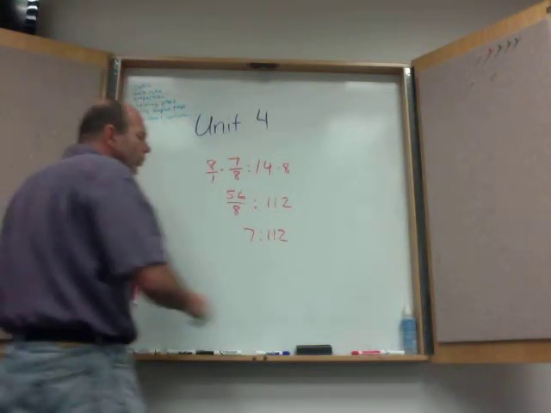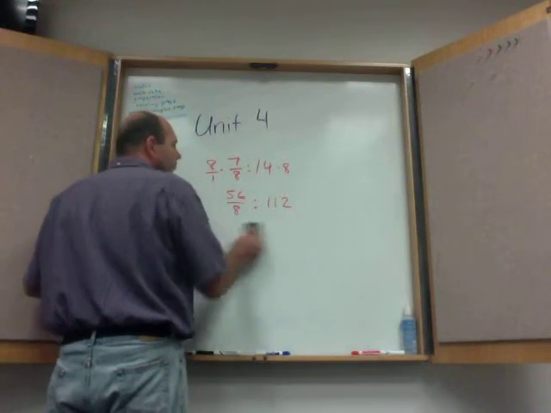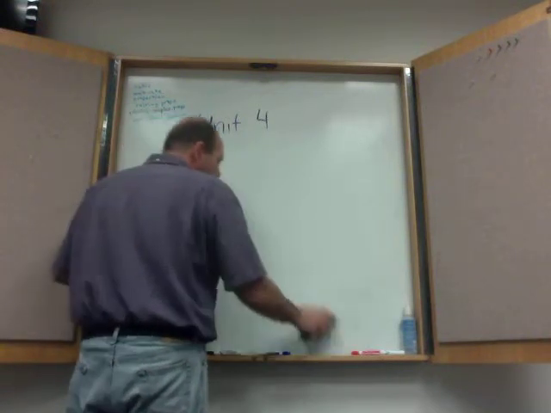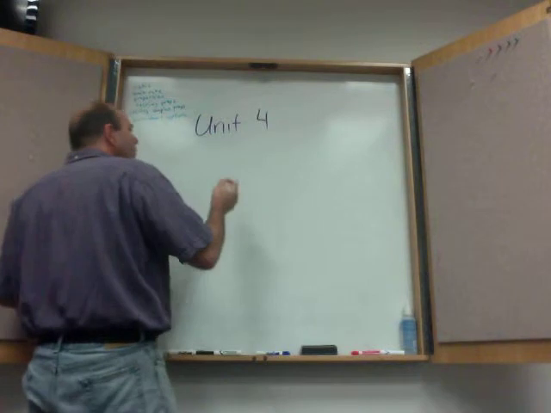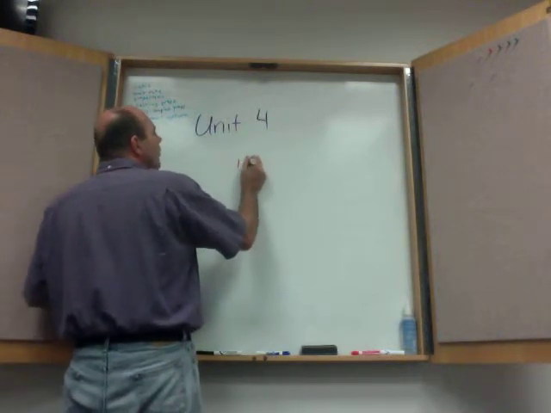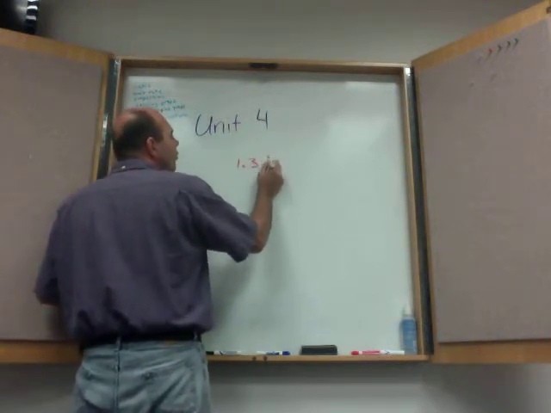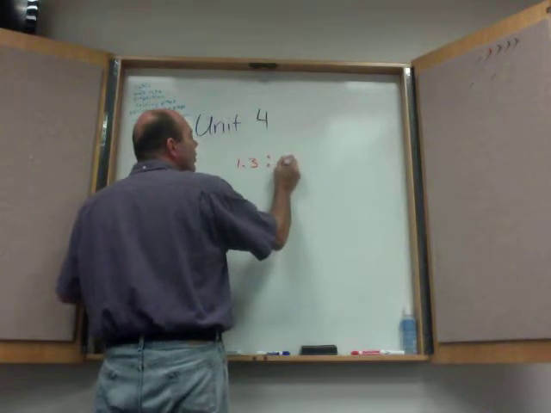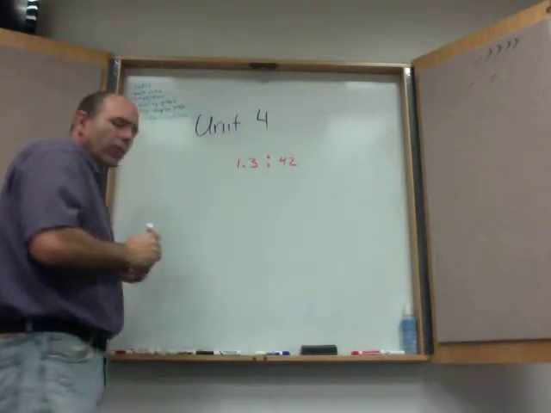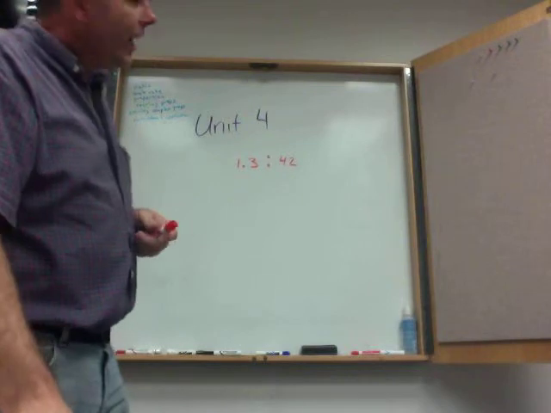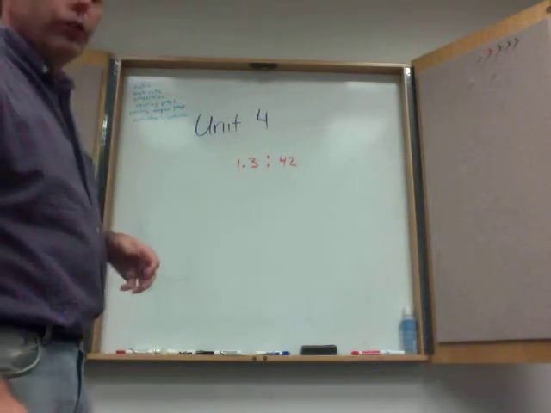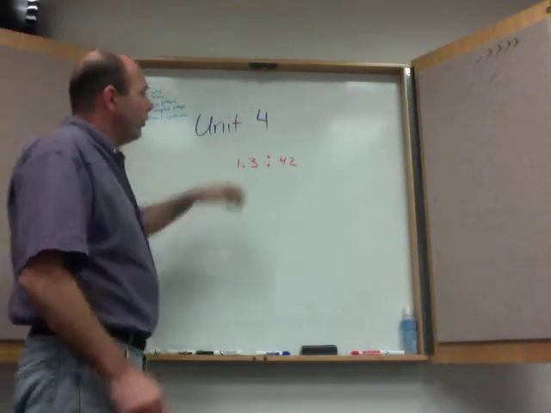Okay, what if you're working with decimals? Well, if you have something like 1.3 to 42, I need to eliminate the decimal to simplify this ratio.